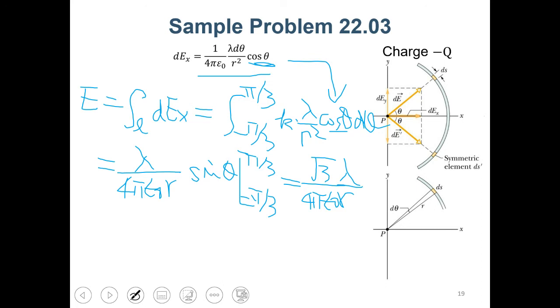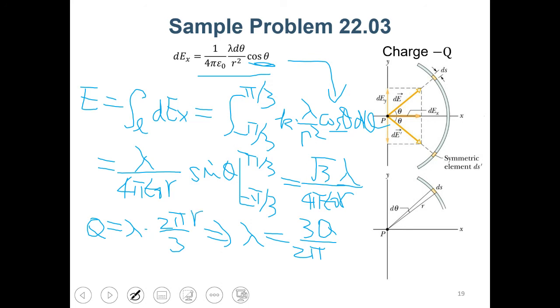And then we also know that Q should be lambda times 2 pi r over 3, which is the arc length for 120 degrees. So we should be able to know that lambda is 3Q over 2 pi r.